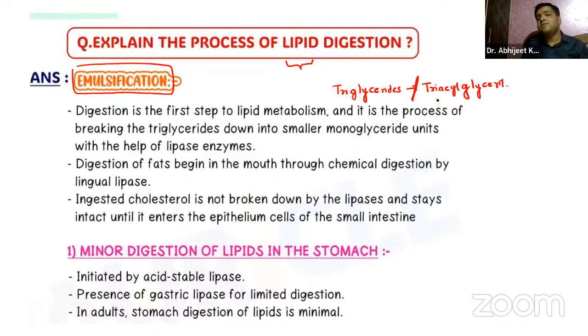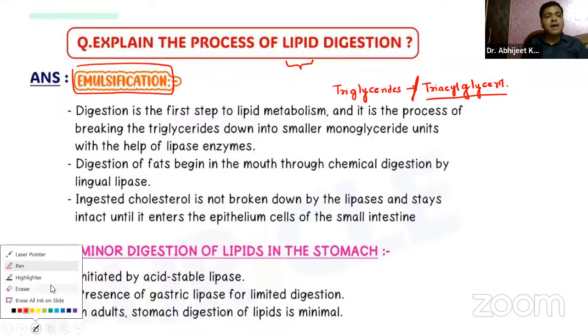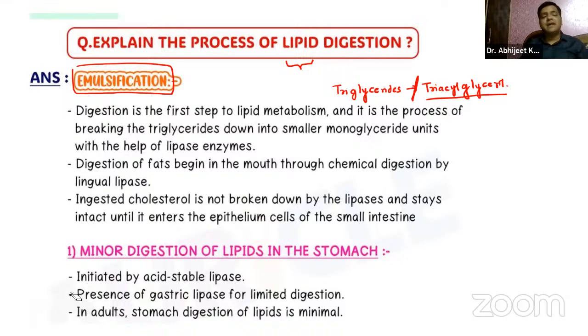This is the form in which we are consuming lipids in our body. They are commonly called triglycerides or triacylglycerol. These TAGs will basically be broken down to form fatty acids and glycerol.